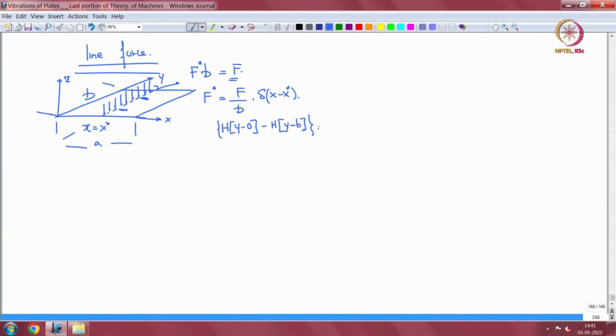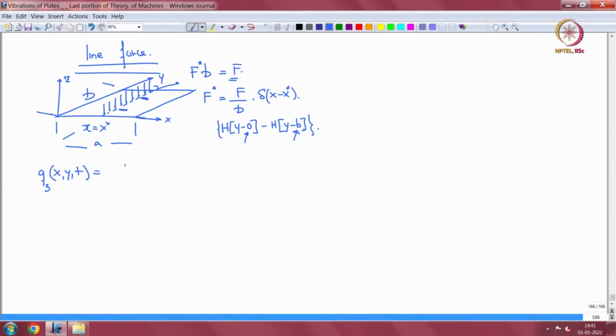Okay. So, if it was not from 0 to b, you will have some y1 and y2, that is the idea. So, what is my q3 x comma y comma t description?